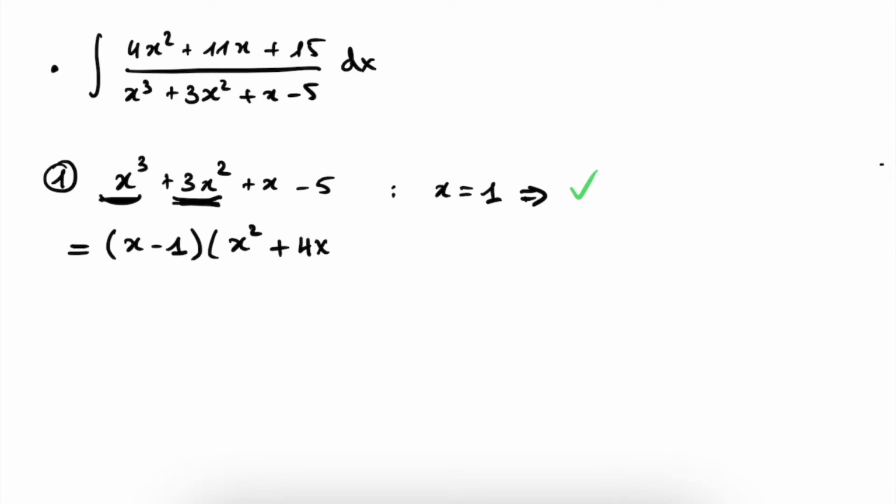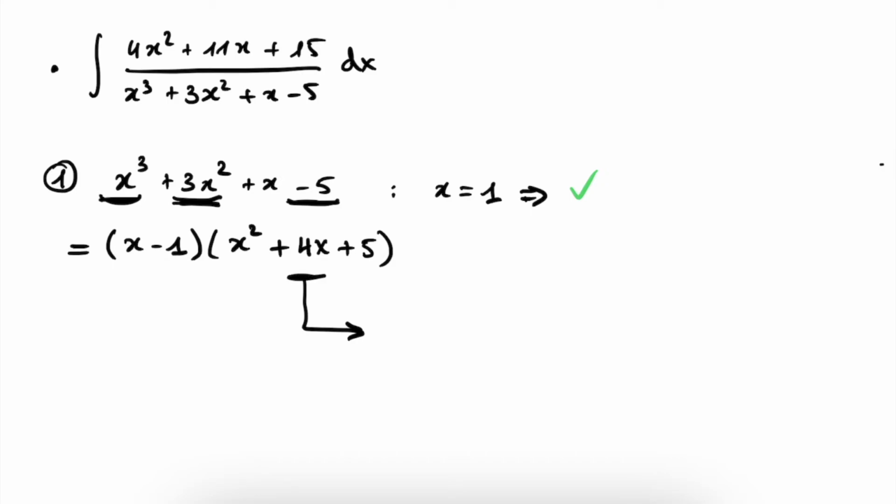And for the final term, we simply note that we have a minus 5 here and we have a minus 1 here. So the only way to get minus 5 by multiplying minus 1 with a specific number is if this specific number is of course 5. And this is how we rewrite our original third order polynomial as a product between a first order polynomial and a second order polynomial. A next step would be to write this second order polynomial also as a product between two first order polynomials. This means finding the zero point of this second degree polynomial.